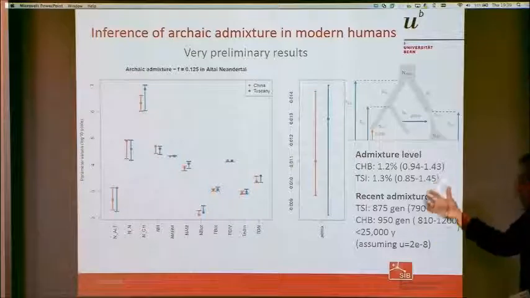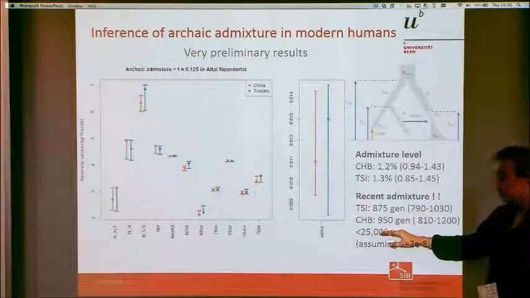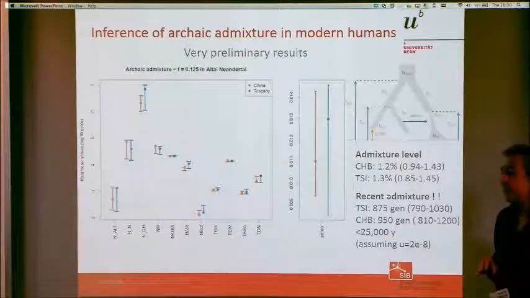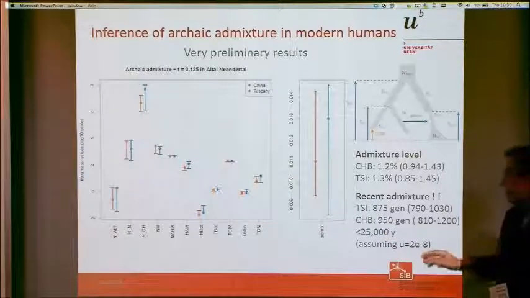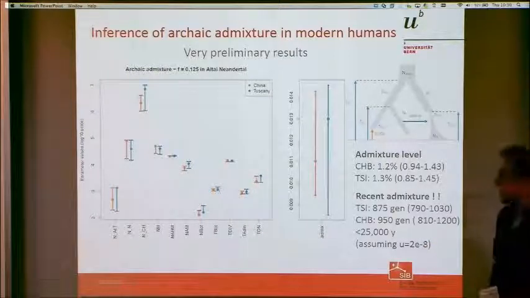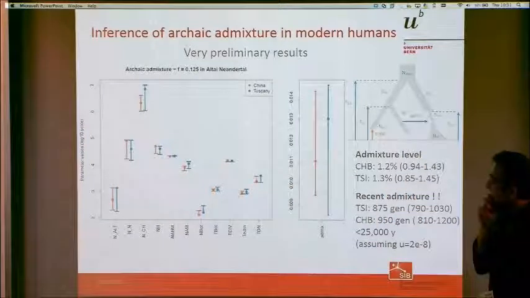If you use a slower one that has been advocated recently, it goes up to 35,000 years. It doesn't double. No, the other assumed rate is 1.3. What if you use 1 times 10 to the minus 8? Does it double? Yes. So it goes to 50,000 years. Yeah. But anyway, it points to a relatively recent time of admixture.